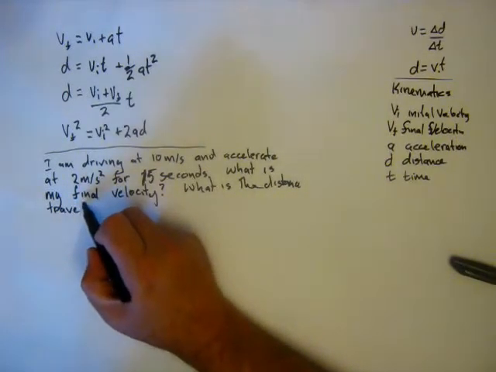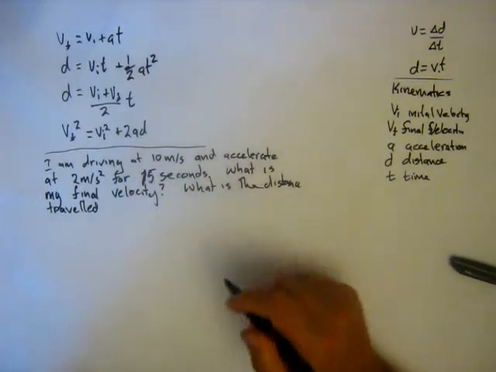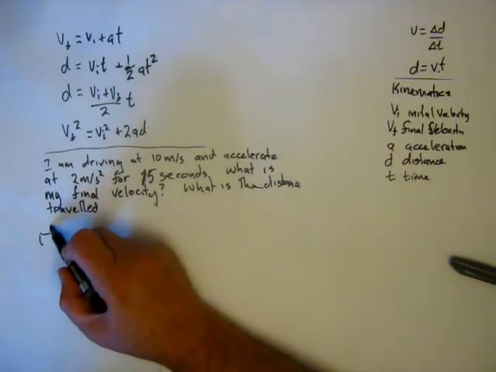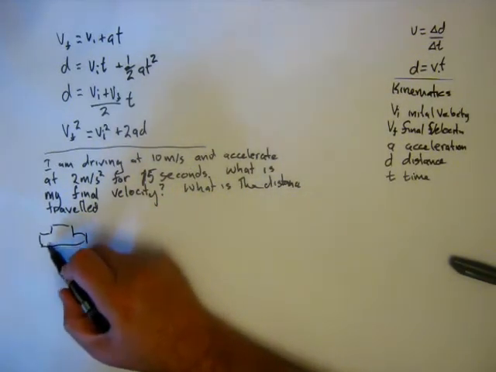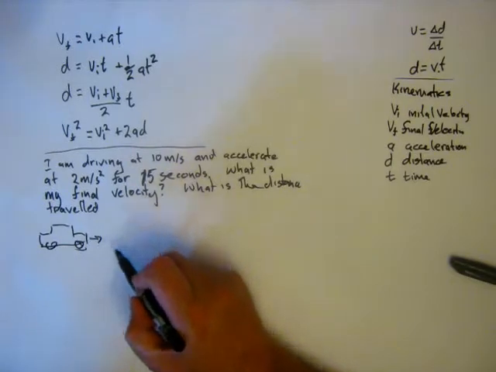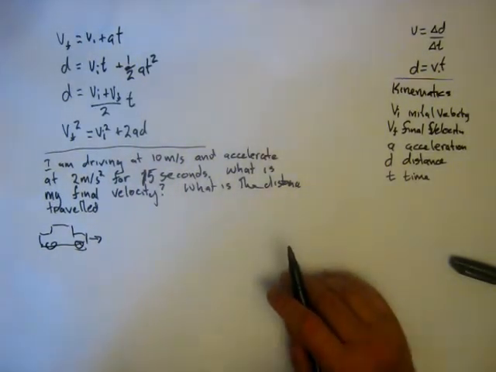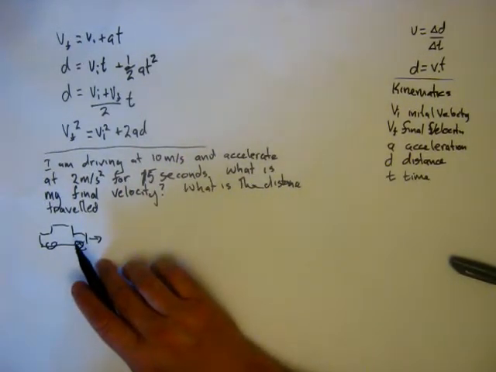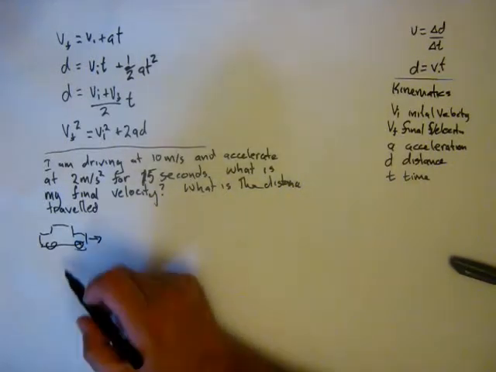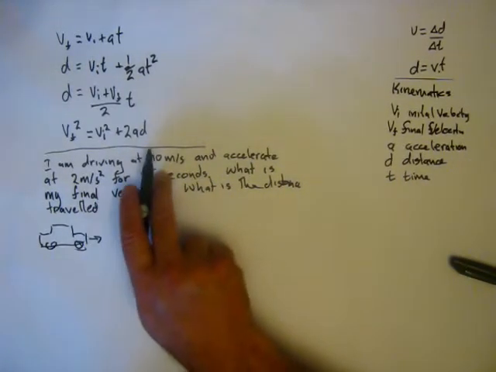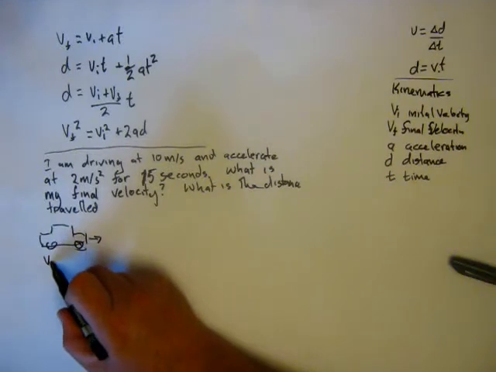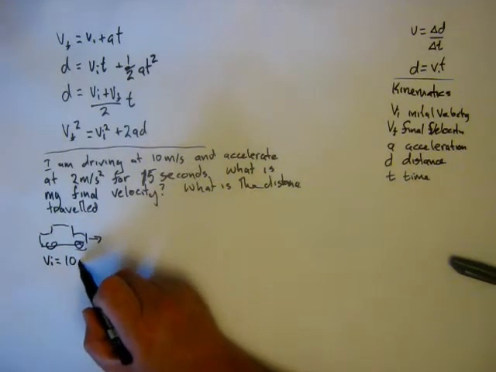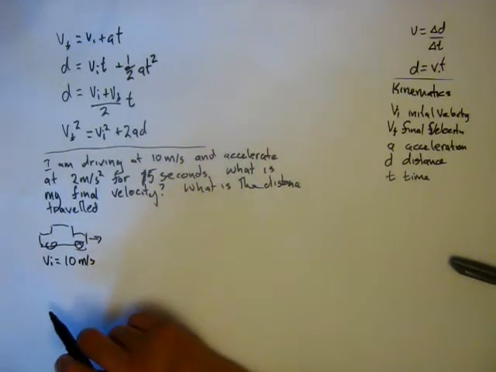So we do the usual thing. We draw a picture, me in a car. Cannot stress this enough. The more of your brain that you use on a problem, the more effective it's going to be at solving the problem. What do I know? I know the initial velocity. My start velocity was VI equals 10 meters per second.